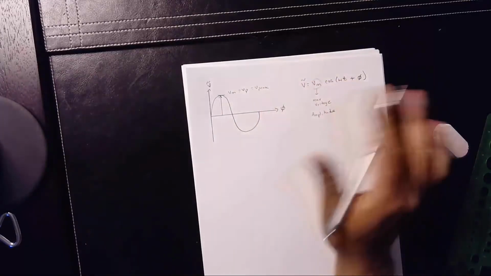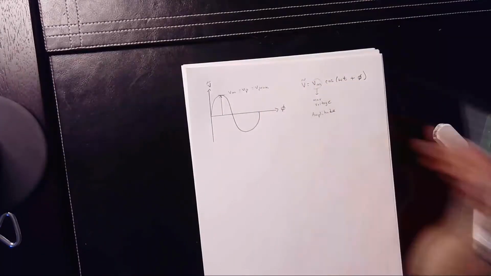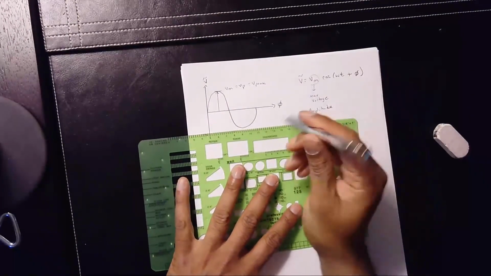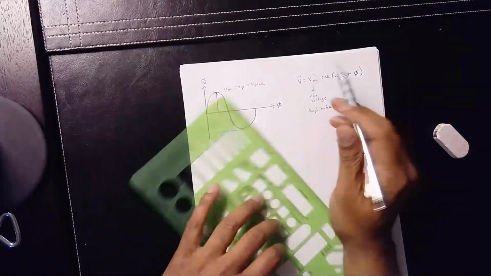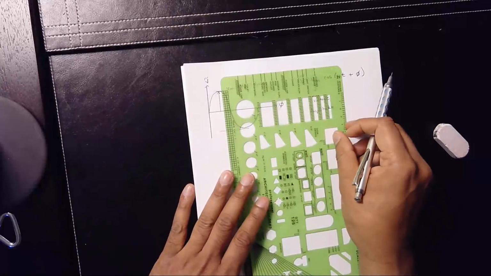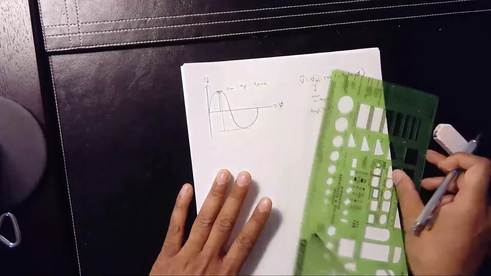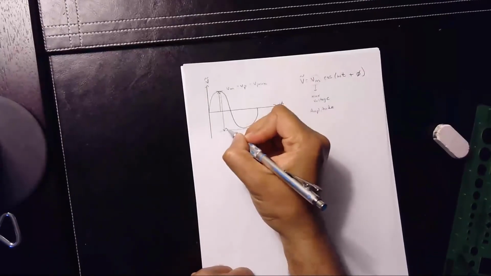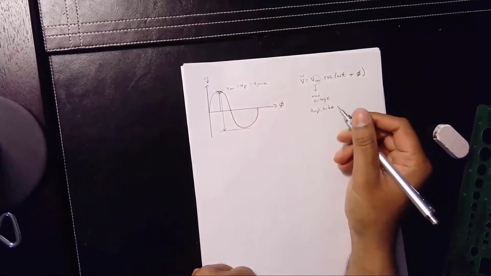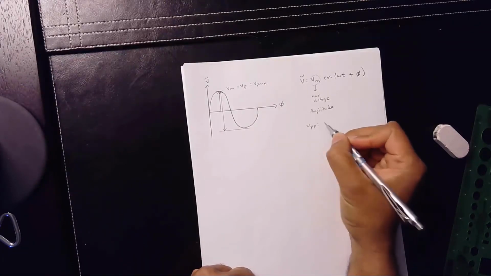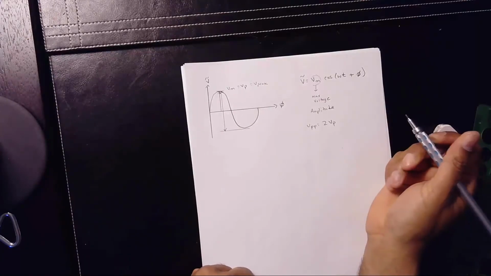V peak. Okay? Now, there's a concept called peak to peak. What is peak to peak? Peak to peak is here. If you want to call peak to peak, then it's simply this. V peak to peak is 2 times V peak.